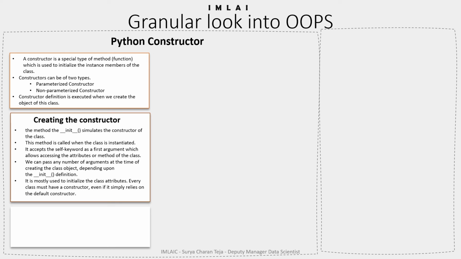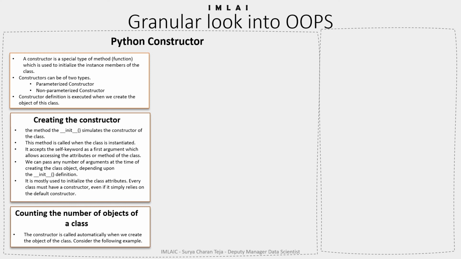Now we can count the number of objects of a class. The constructor is called automatically when we create the object of the class. Consider the following example, a small example which counts the number of objects that have been created using that class.